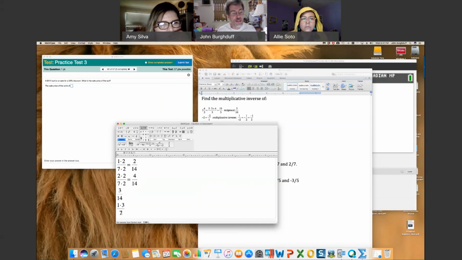So if you multiply top and bottom by 3 instead, the 1 over 7 becomes 3 over 21.